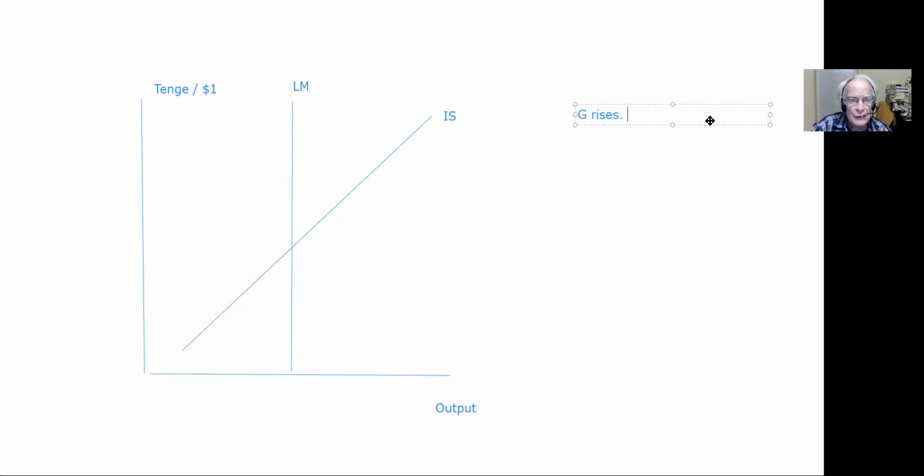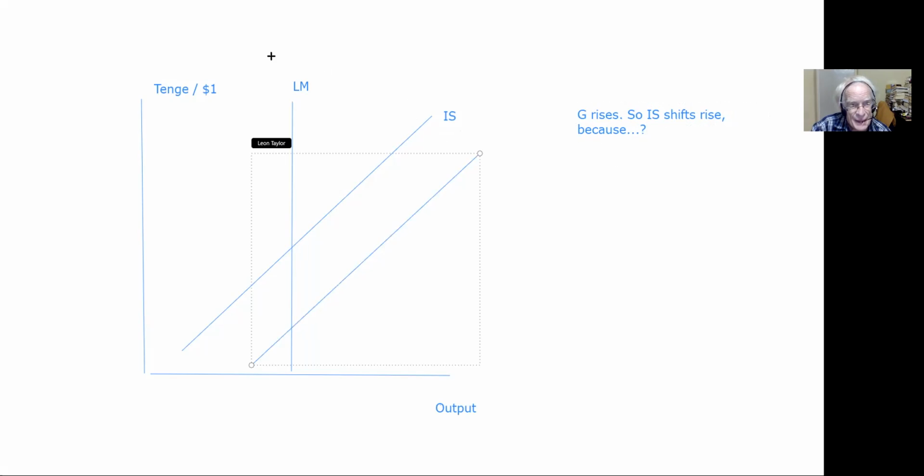Go ahead. If G rises, IS spending rises, yes, good. The IS curve shifts to the right. Good. And why? You're right, but why are you right?